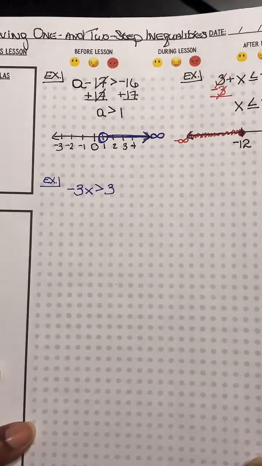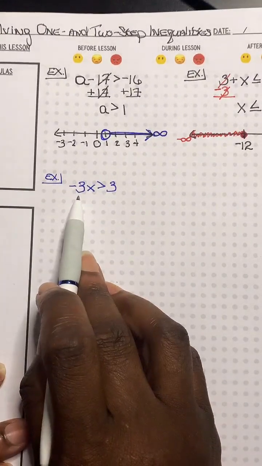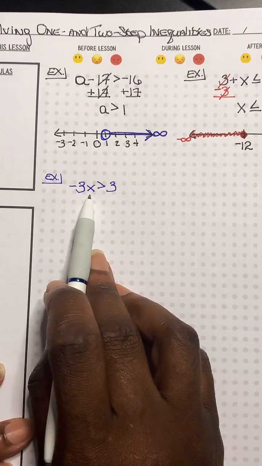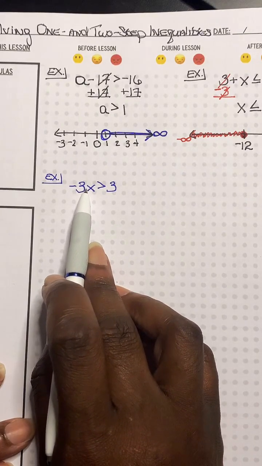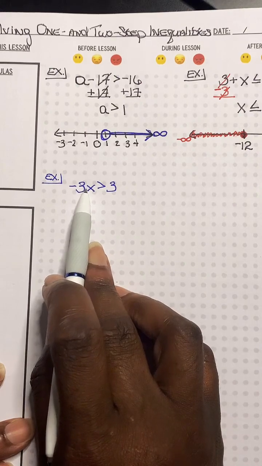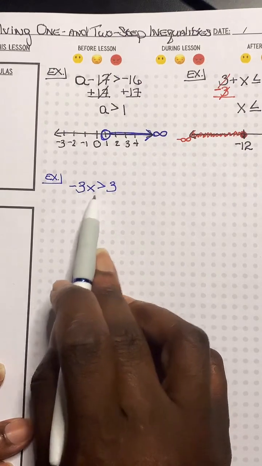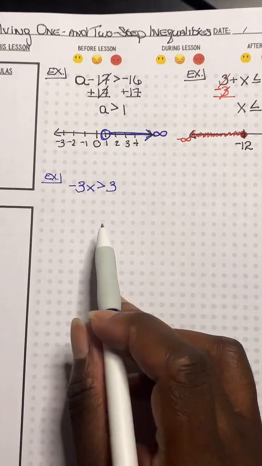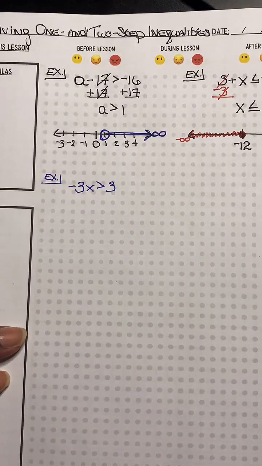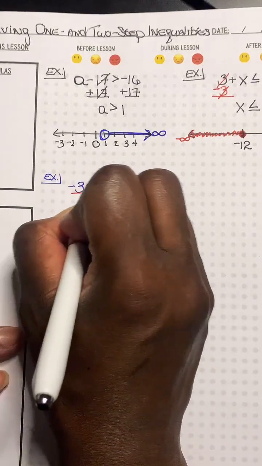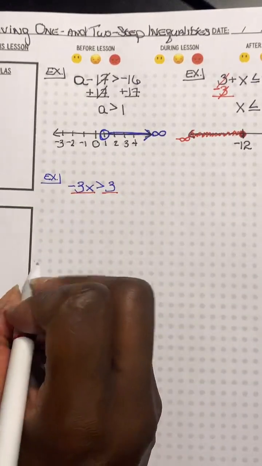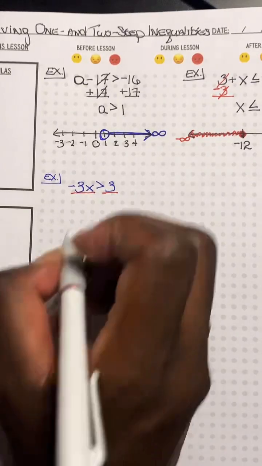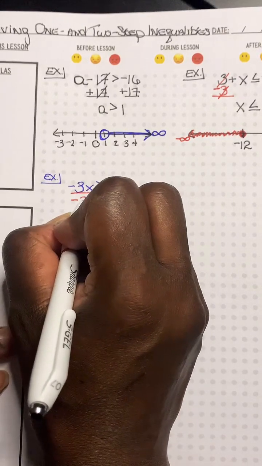Now, if I take a look, anytime I have a number and a variable right next to each other, and it's not being separated by a plus or a minus sign, this is multiplication. So the inverse of multiplication is division. So we're going to divide both sides by not this 3, but by this -3.